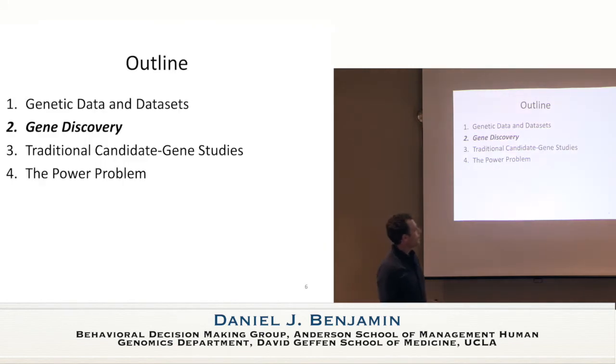All right. So any other questions on the data or the data sets before we turn to the main topic of gene discovery? Yeah. Is there any effort to harmonize the variables in the social survey?